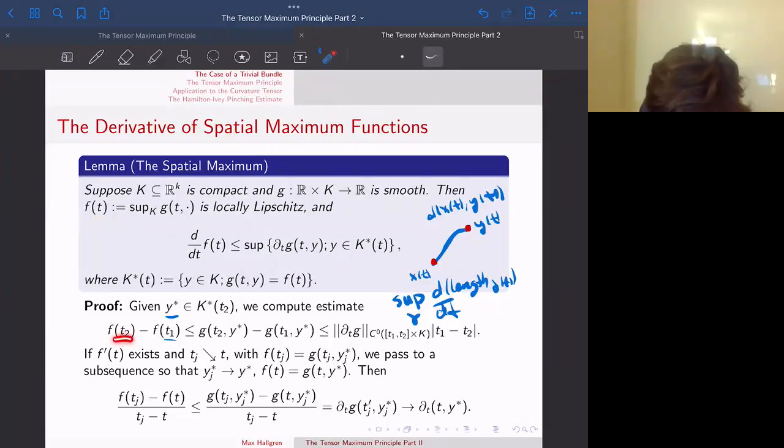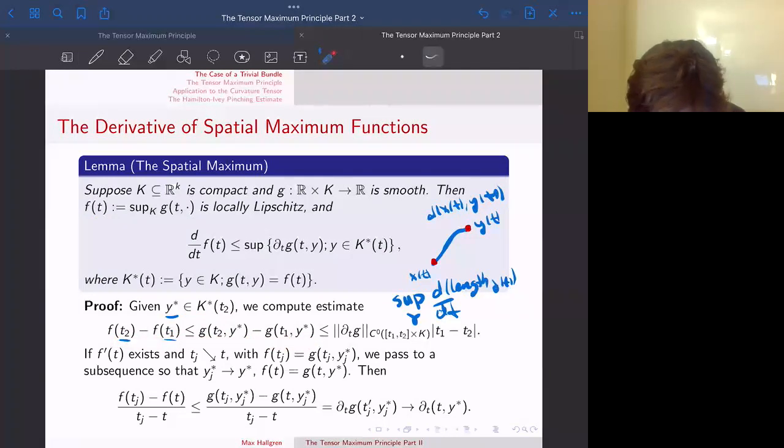Okay, and so f of t2 here, by definition of this set, is going to be equal to just g at t2, y star. And then we know that f of t1, since it's a spatial maximum at time t1, is going to be greater than or equal to this. Okay, and so combining these two facts, we get this first inequality.